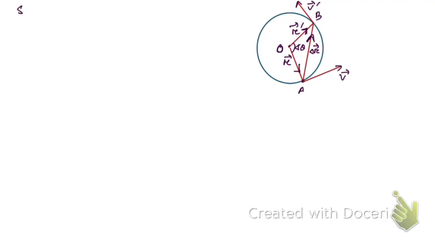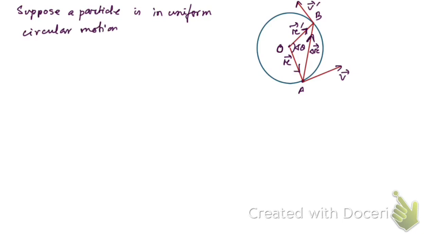Suppose a particle is in uniform circular motion, moving with constant speed.